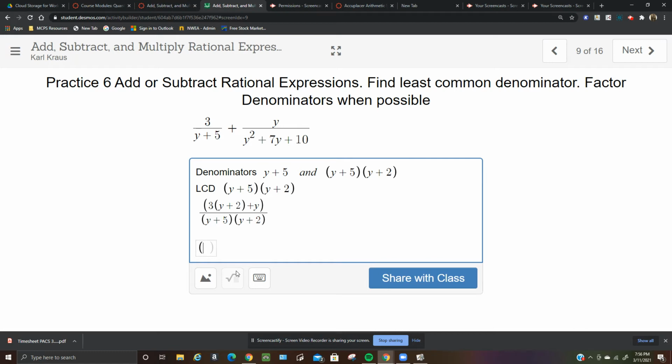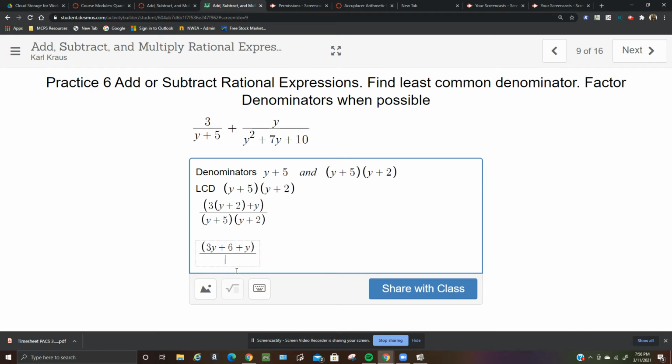And then doing the distributive property, 3y plus 6 plus y over the common denominator.